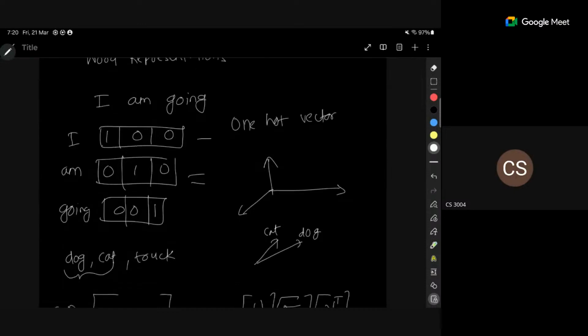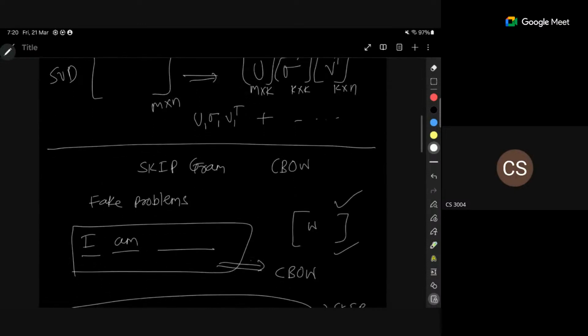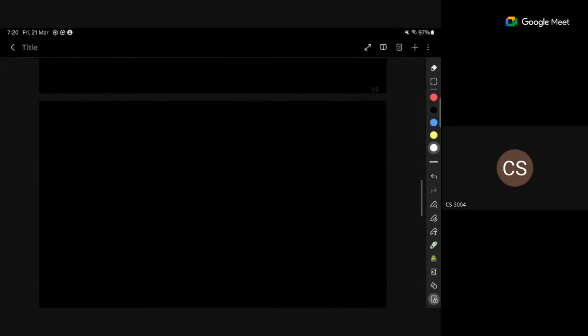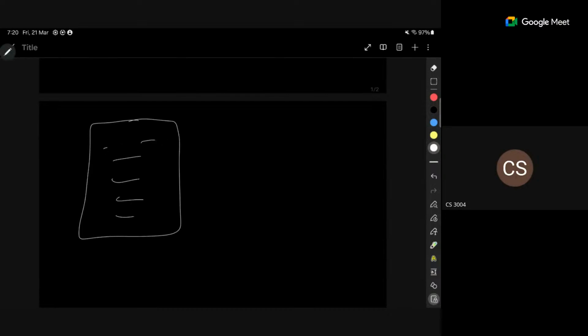You have to do that for all the vocabulary. Vocabulary means all the words in your corpus. You have several texts, you take all the words and create a one hot vector of that. That is the initial part.